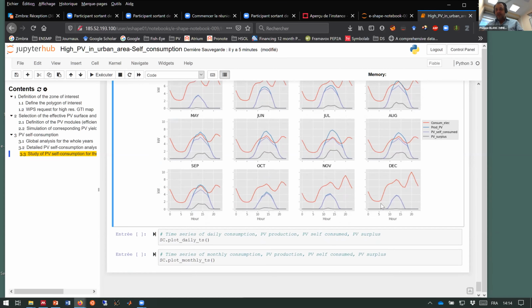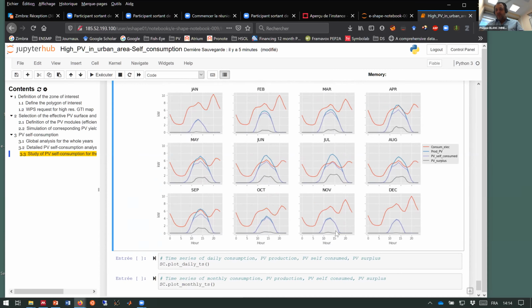So we can see here that in November, the amount of energy you are exporting is very small, and you are consuming all the PV production. And maybe you can say, I can increase the size of the PV system to reach this level, to improve and optimize my system in terms of the financial part and also the environmental parts.